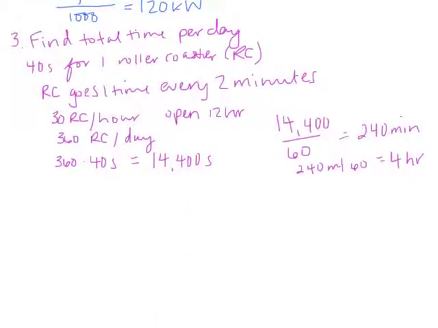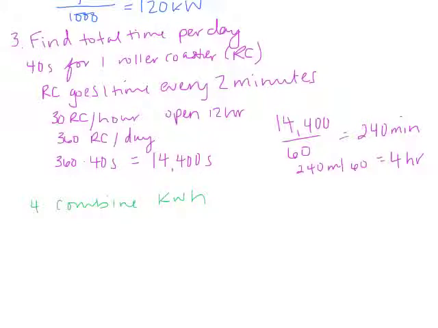Now we are down to our last step. Step 4 is to combine our kilowatts and our hours into kilowatt hours. Think about those units. Force times distance gives us newton meters.